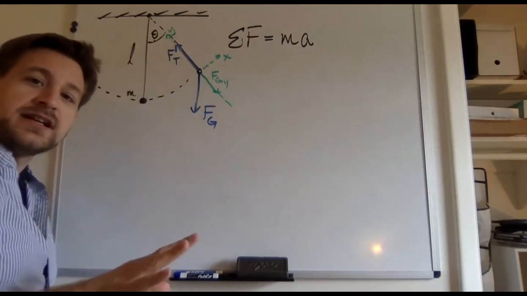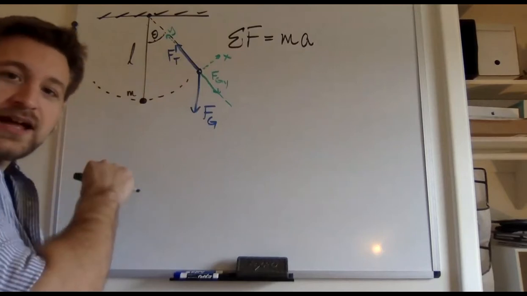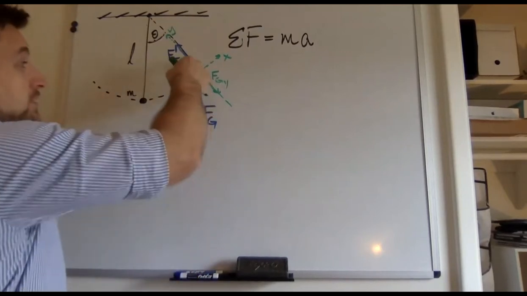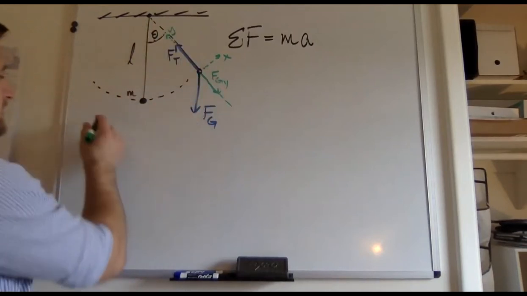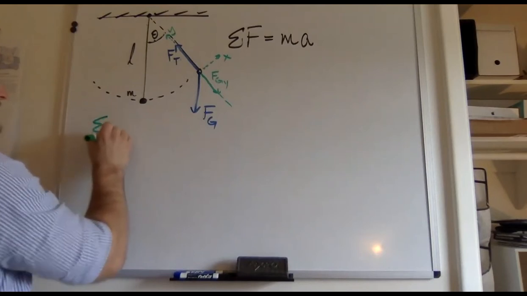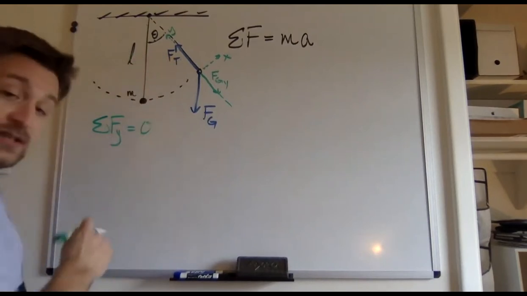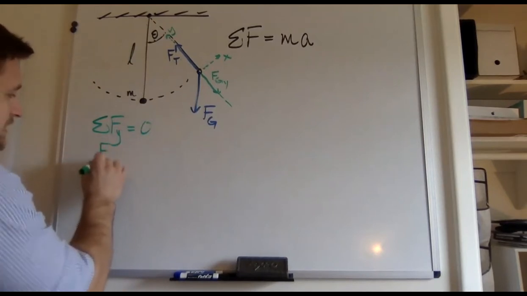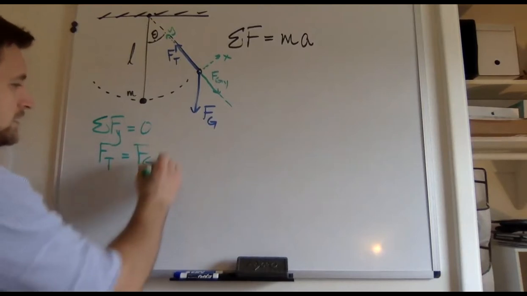If it's accelerating at all, it's doing so along a circular path, always tangent to the circle. In other words, always perpendicular to the radial direction. So we know that the sum of the forces in the y direction needs to be 0, which means the tension needs to be equal to Fgy.